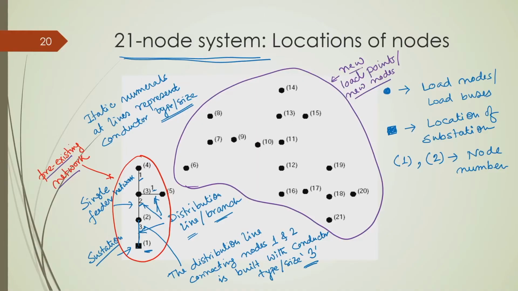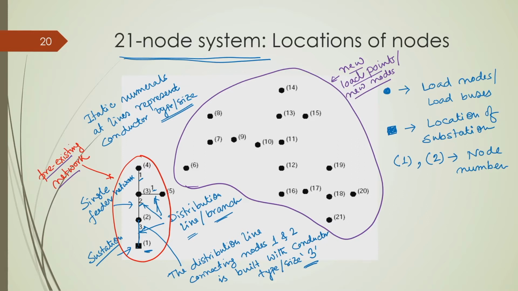Now, of course, you can understand this needs an optimization problem to be formulated, and we have formulated 2 optimization problems here, which I have shown you in my last lecture. One is we should connect these new load points to this pre-existing network such that we get an economical network.